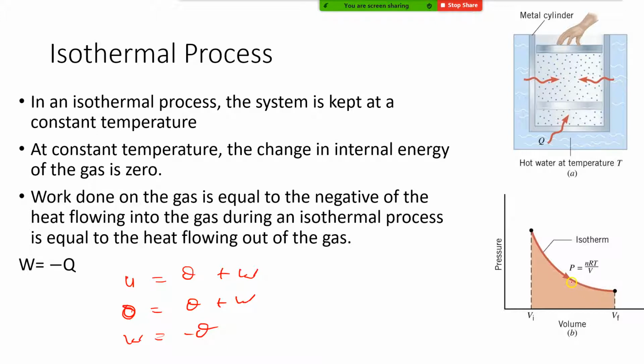So once there's no increase in your temperature, the pressure is falling with increased volume. So if you see some part of your graph looking like this, then chances are it will be isothermal.